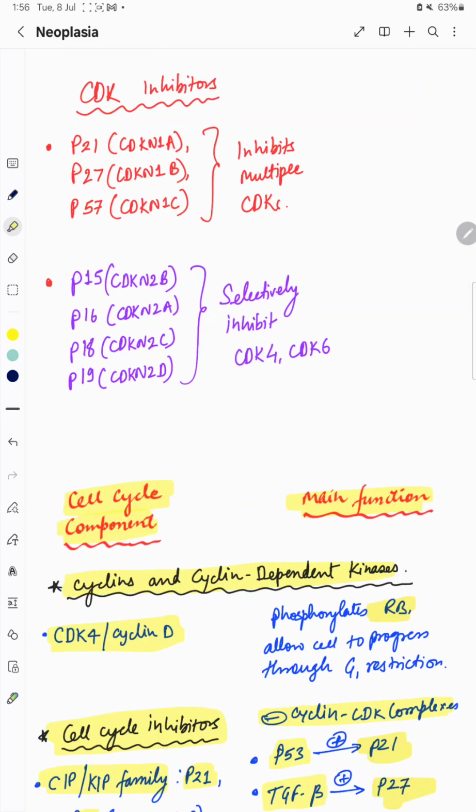Cyclin dependent kinase inhibitors: P21, P27, P57 inhibit multiple cyclin dependent kinases. P15, P16, P18, P19 selectively inhibit only CDK4 and CDK6. CDK stands for cyclin dependent kinases.